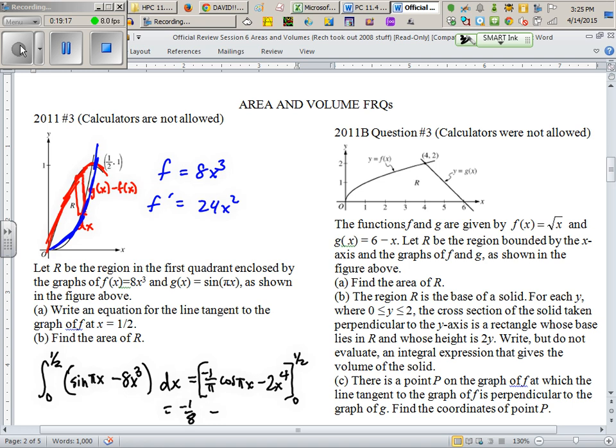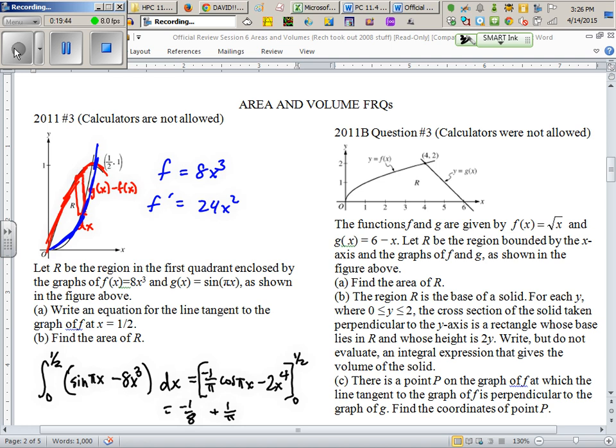So you get a negative 1 over pi, but the 2x to the 4th becomes 0. So now you get a minus negative 1 over pi, so plus 1 over pi. So your answer is basically this: negative 1 over 8 plus 1 over pi. So just watch the double negatives. Okay, so this is our answer.